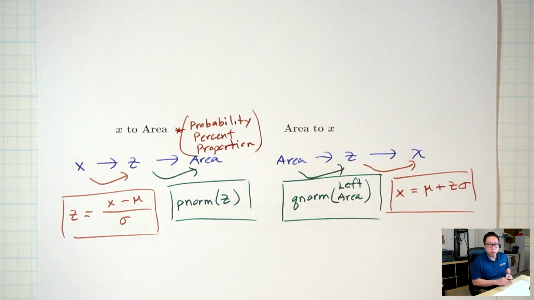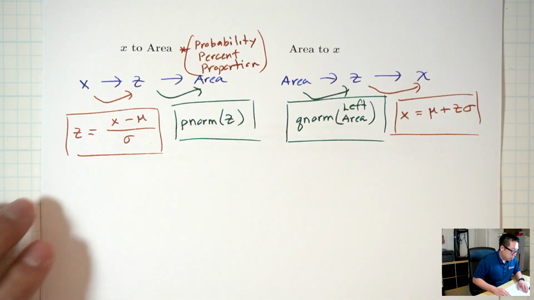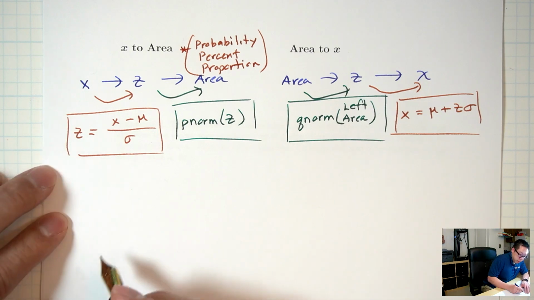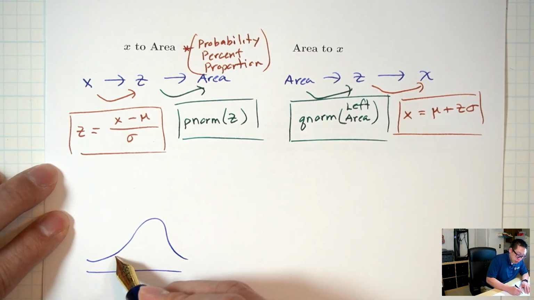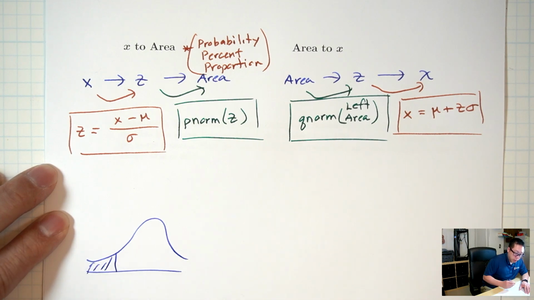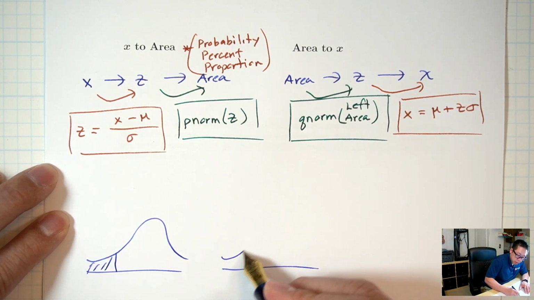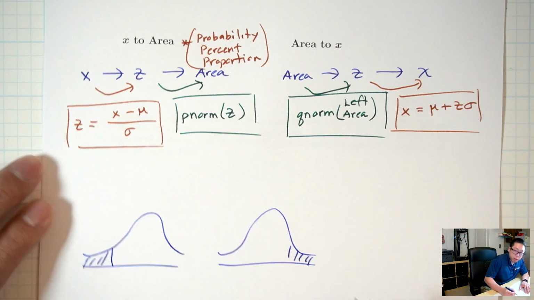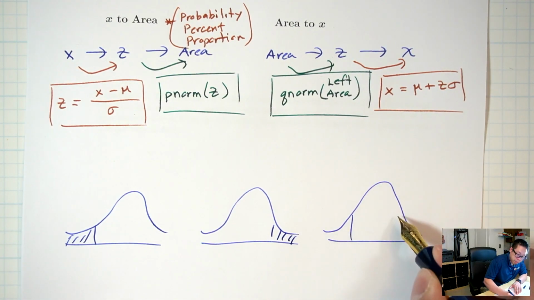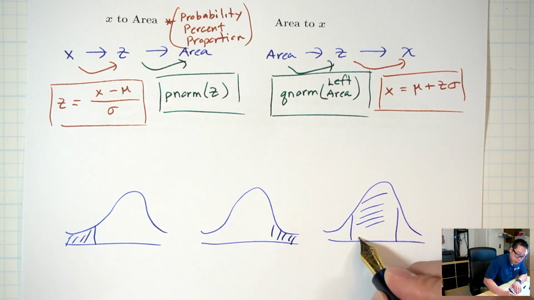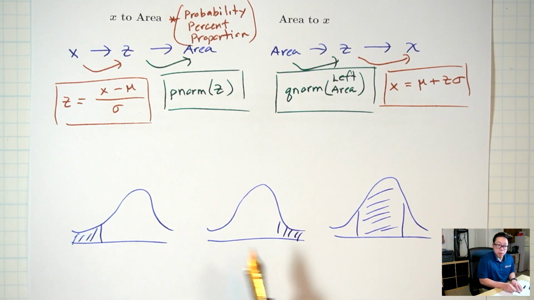And this is the workflow we use to answer all of the normal distribution questions, which involve these pictures. They could either be shaded to the left, they could be shaded to the right, and they can also be shaded between. And we put the mean in the middle.